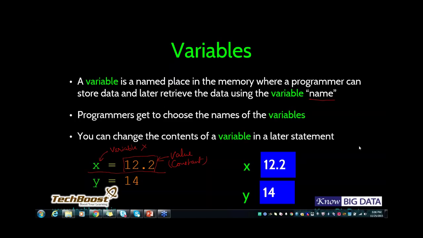So we were discussing variables, and as the name suggests, a variable is a named place. You give a variable a name, and it holds a memory where the programmer can store the value or the data, and at a later point of time we can access the data through this variable.